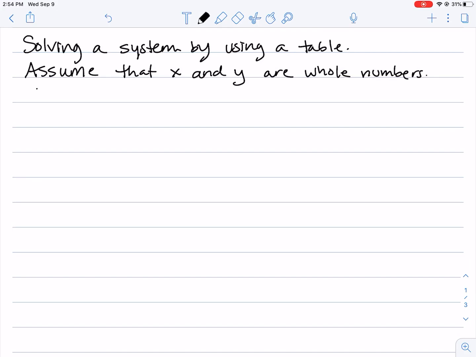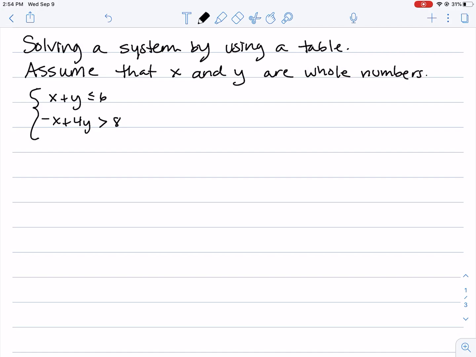I want to know the solutions to this system of inequalities. Let's say we have a system of x plus y less than or equal to 6 and negative x plus 4y greater than 8. So that's my system of inequalities.